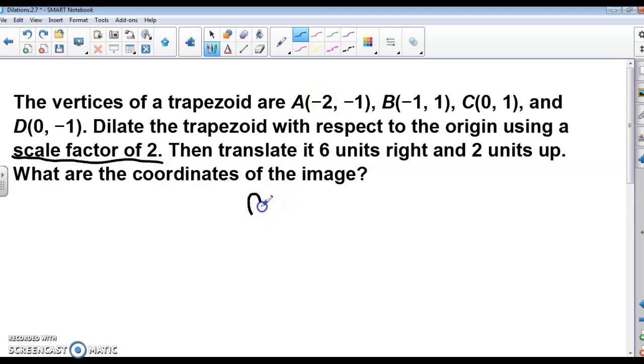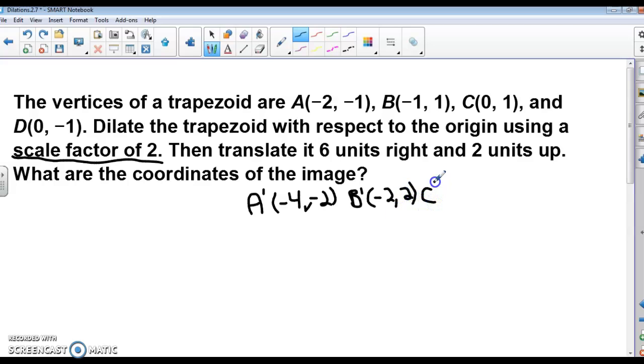So A prime, we're going to multiply everything by 2, so negative 2 is going to become negative 4. And negative 1 is going to become negative 2. For B prime, negative 1 is going to become negative 2, and 1 will be 2.